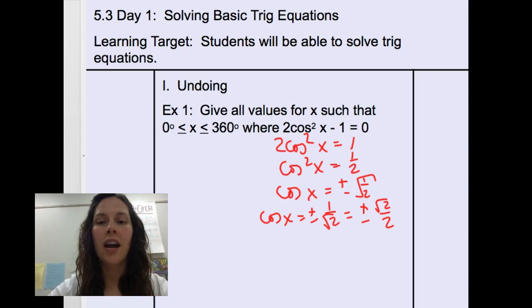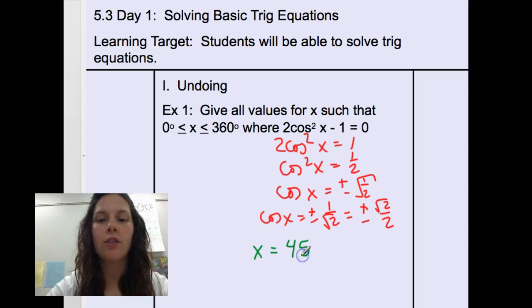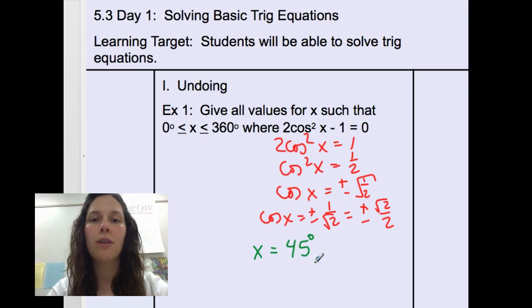So next, to give our x values. Trying to do this without seeing the unit circle, remember cosine goes 3, 2, 1. So this is the one in the middle. So in degrees, it's 45 degrees. First I'm going to give the two answers where our cosine is positive. Since cosine is the x-coordinate of that ordered pair, cosine is positive in the first and fourth quadrant.